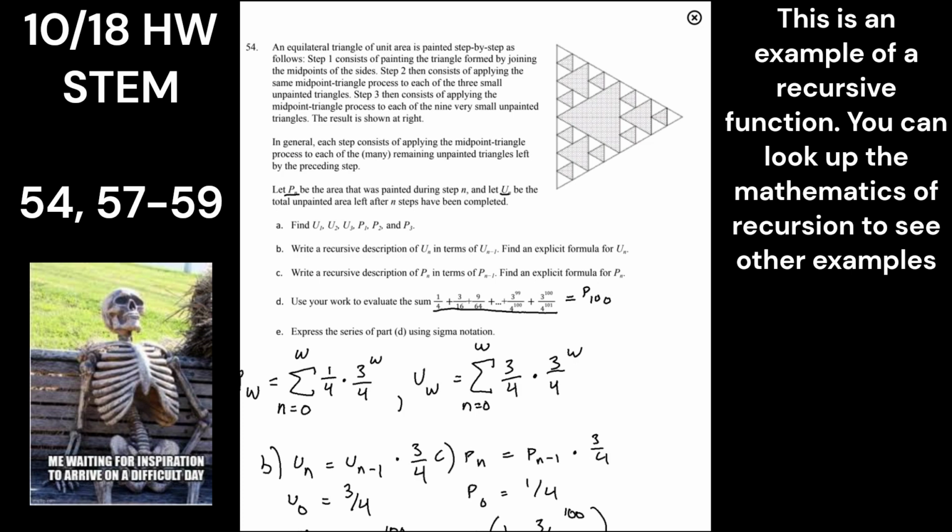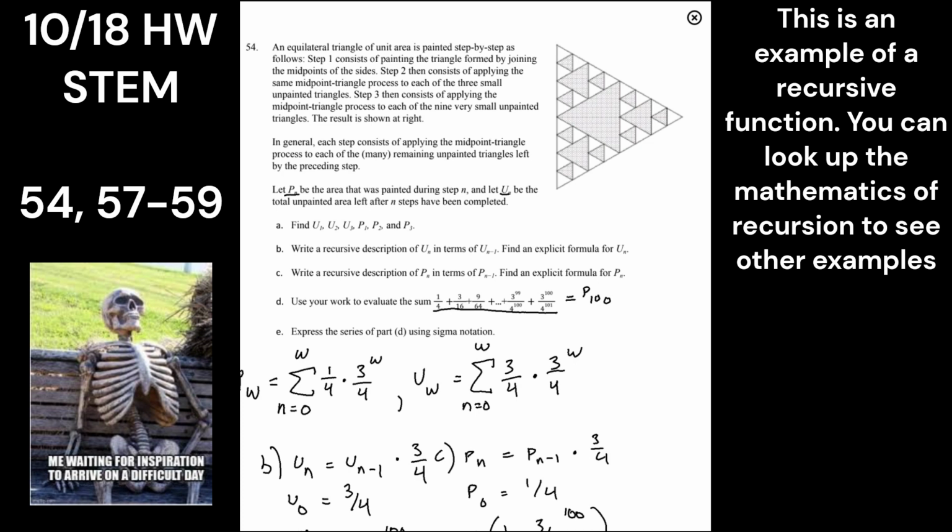So this is 1 minus 3 over 4 to the 100th. And I need to do this in Desmos. It's a very small number. Even Desmos won't round to it. It says 1, but take it or leave it. You can't round it that high.